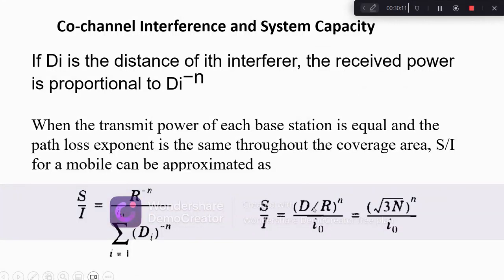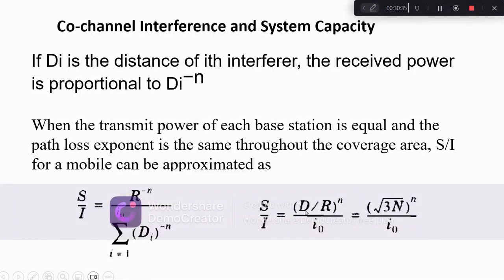So it compares the transmitted signal to the interference signal, just like SNR. SIR is a very important parameter, and it is given by this equation: D over R, raised to n, divided by I naught. You can use n, which will simplify things.